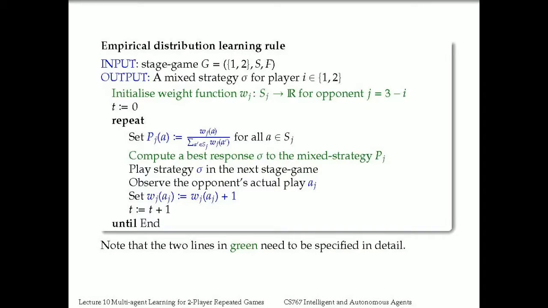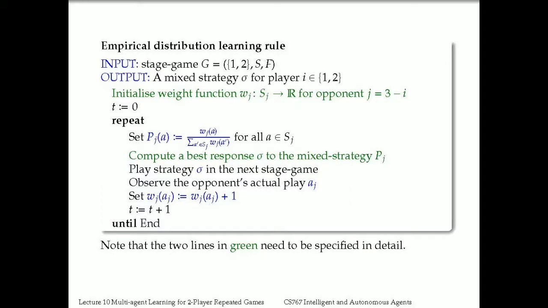And then we enter this loop. We keep a counter t initially set at 0. Within every loop, there will be one stage of the game where the agents interact with each other and get the reward. So what we do is we first compute our believed probability of the opponent choosing any action.